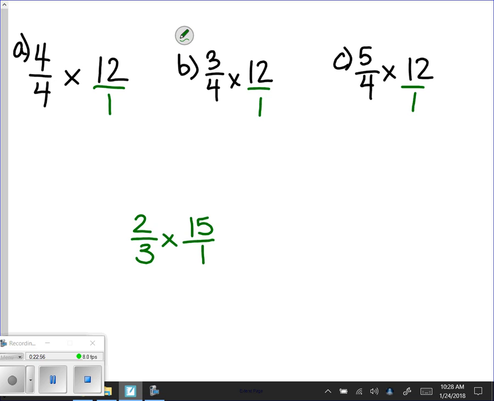Can 3 go into 15? Yes. Or if they share something that can make the numbers smaller. So 3 can go into 3 once. 3 can go into 15 5 times.